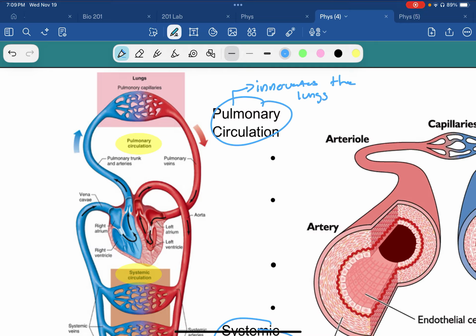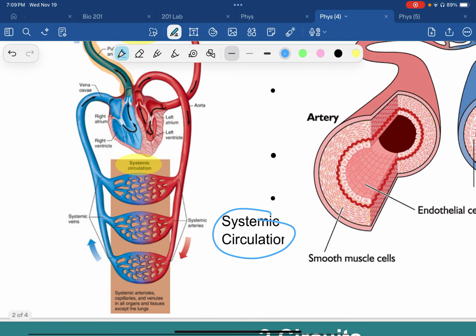Here, I'll kind of highlight it here first. The blood is flowing out of the heart and up into the lungs. And that's where it receives its oxygen. And then it's going to flow back into the heart to get pumped out to come down to systemic circulation. And so this is just the rest of the body. So think of like our arms and legs, that's systemic circulation.